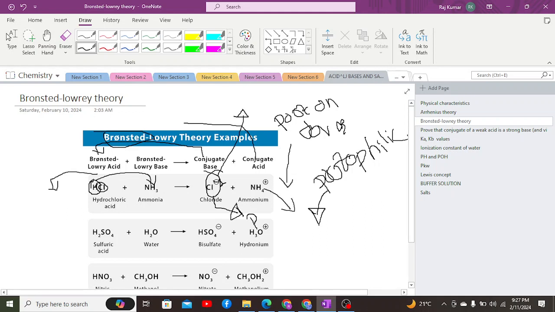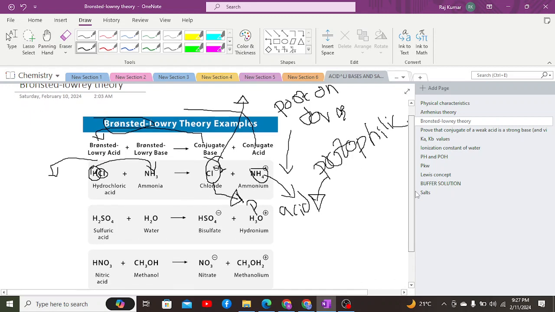After accepting the proton, it lost its capability to accept proton further, due to which it now had the capability to donate proton, and it was known as an acid, a conjugate acid of the Bronsted base. Likewise, this is known as a conjugate acid-base pair and conjugate base-acid pair, right?